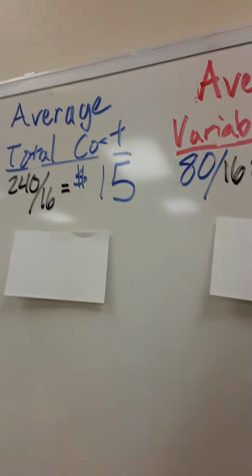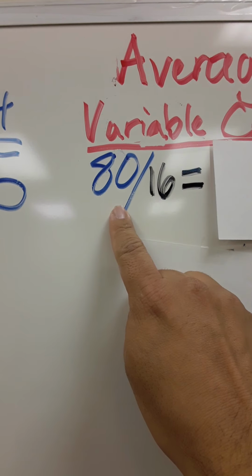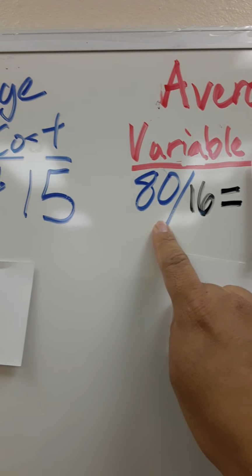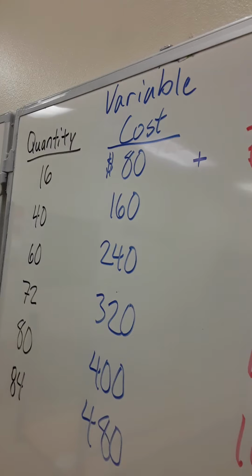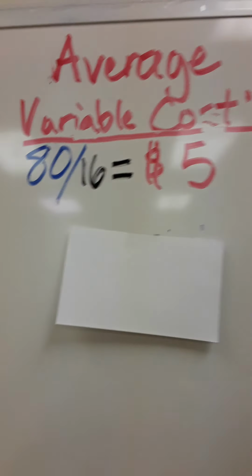All right, and the average variable cost is going to take your variable costs, which is 80, and you're going to take the quantity, which is 16, and you're going to divide it, which gives you 5.